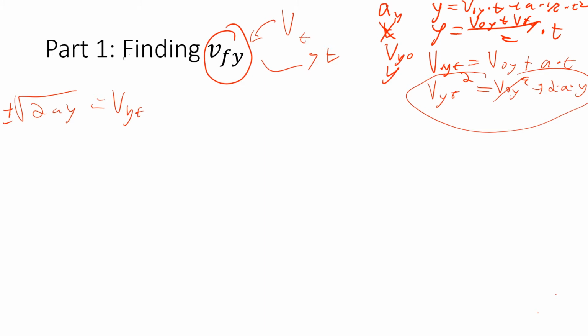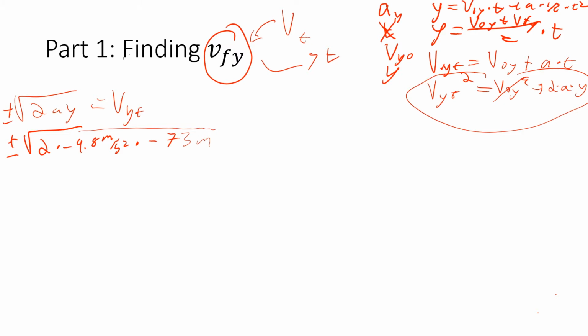We have plus or minus the square root of 2 times negative 9.8 meters per second squared times negative 73 meters.